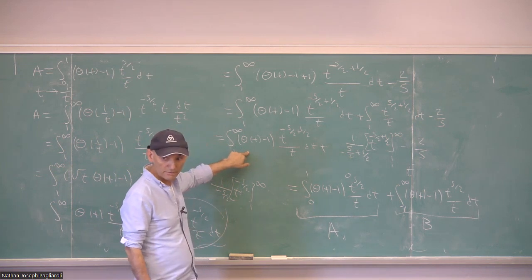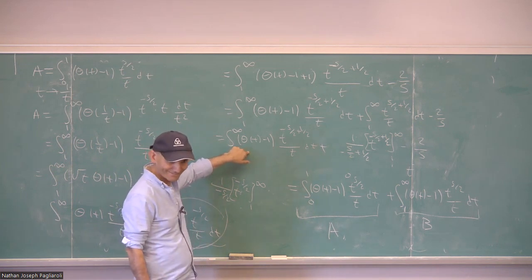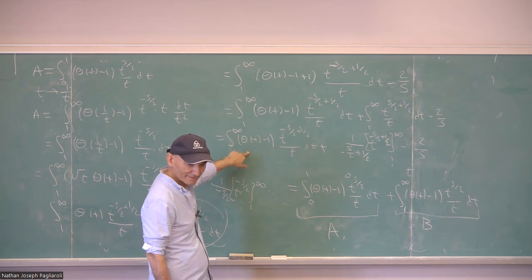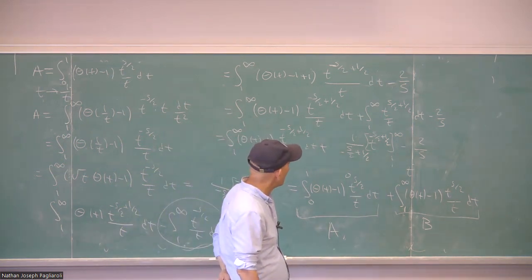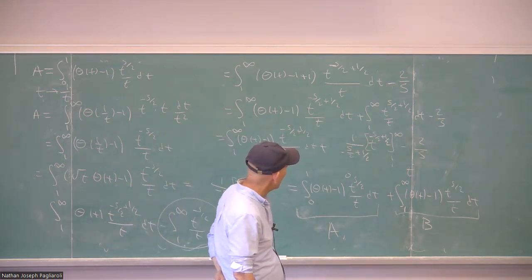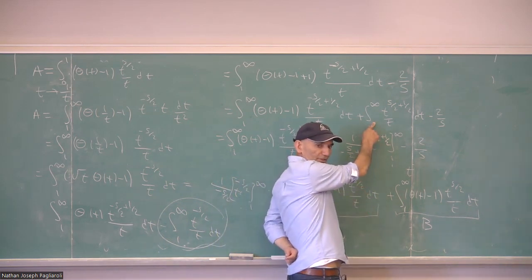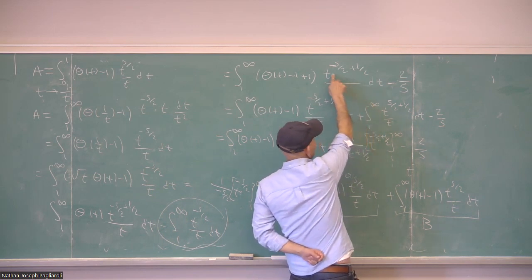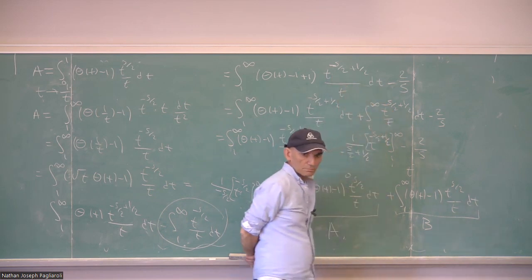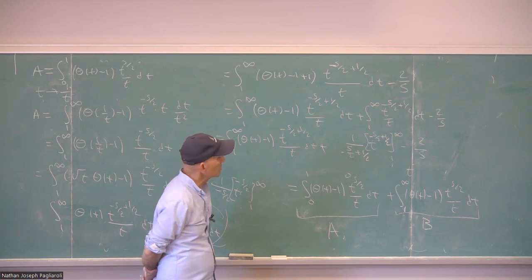Yeah, that's what we want. This is negative s over 2. I corrected it here, but I forgot to correct it here. This is negative s over 2, yeah. That's what you meant, right? Yeah, good.